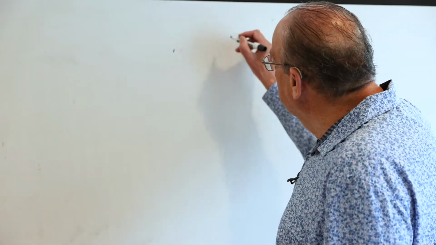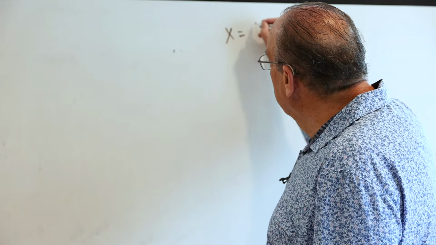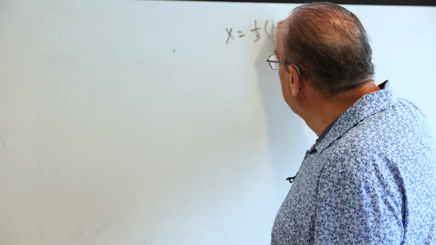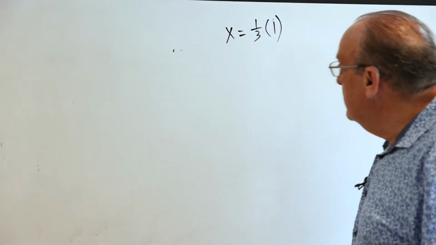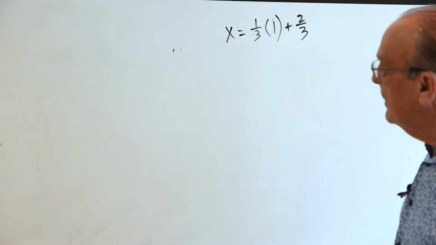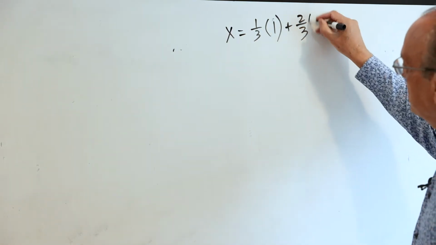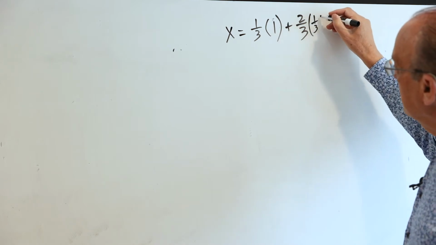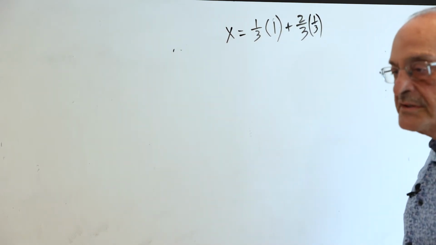So we could let x be the expected value again. And there's a 1 chance in 3 that you finish on your first roll. And there's a 2 chance in 3 that you don't. But then there's a 1 chance in 3 that you get a 1 or 2 on your second roll.